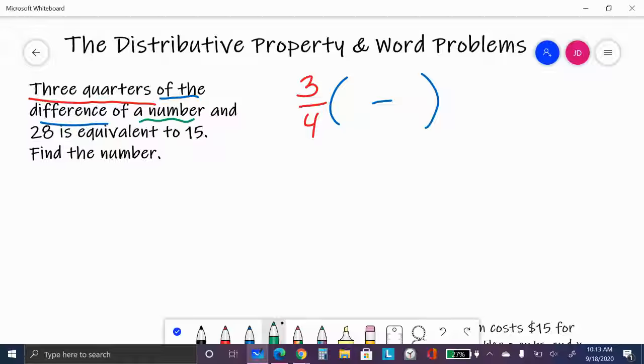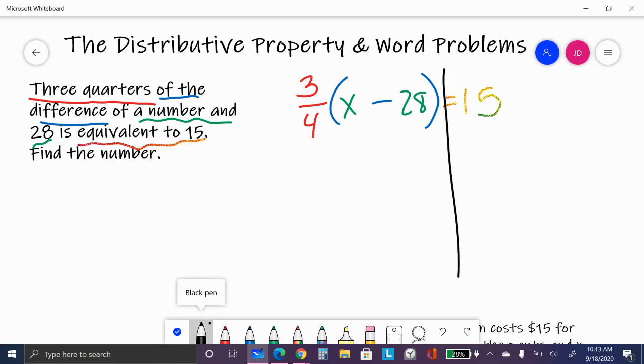A number we don't know, we call it x, and 28 is equivalent to 15. And there's my lovely, beautiful equation that we know how to solve using the distributive property.